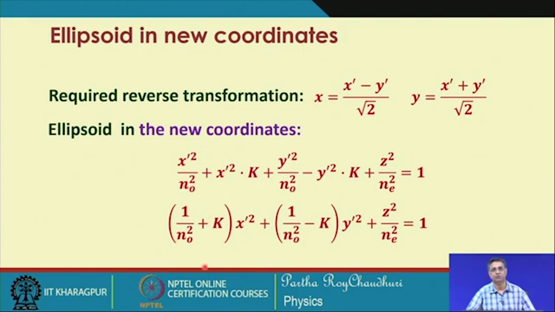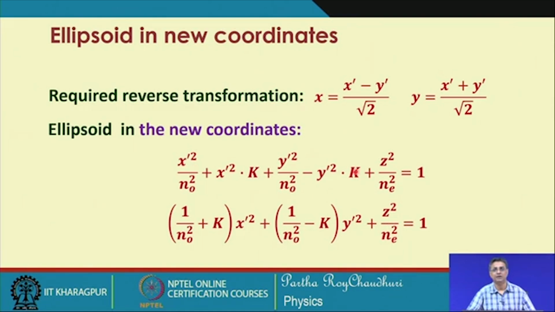So, we put two of them in one bracket. This is the new coefficient which is attached to x dash square, and this should be equal to 1 by n x dash square, and this should be equal to 1 by n y dash square, and z, this n e remains as it is.